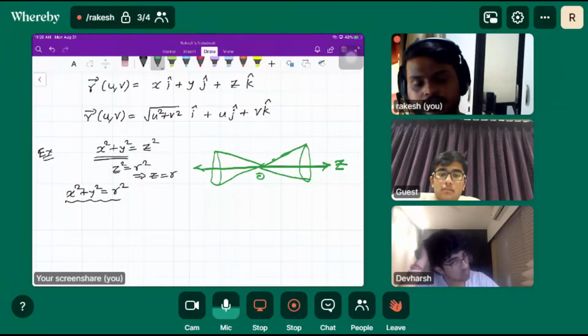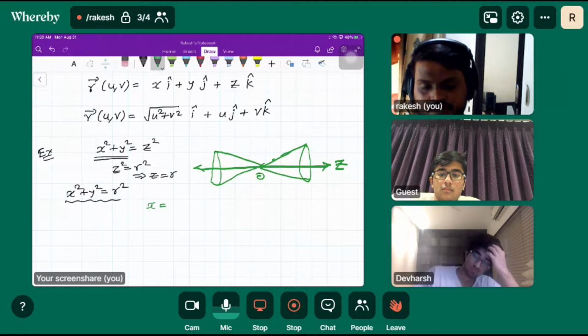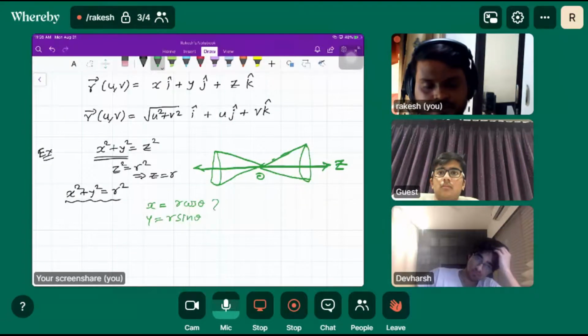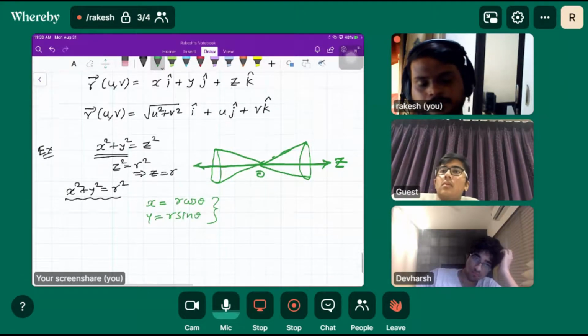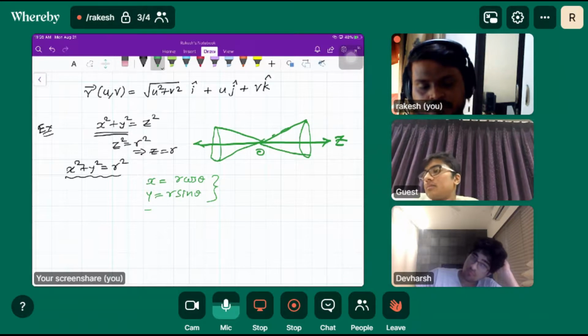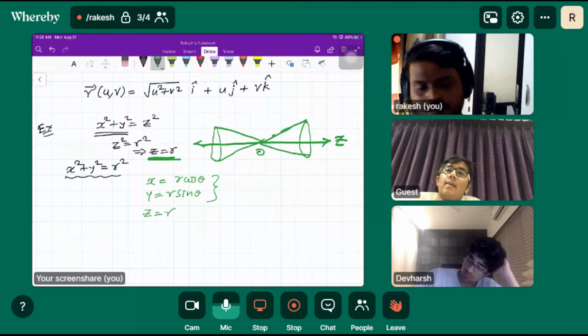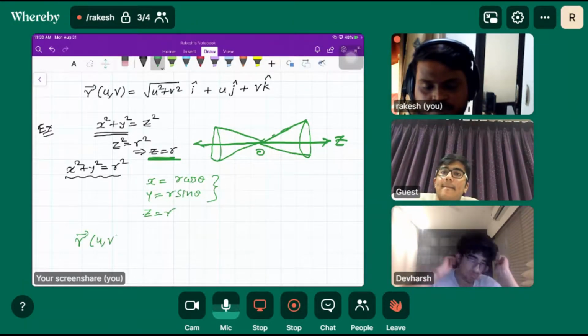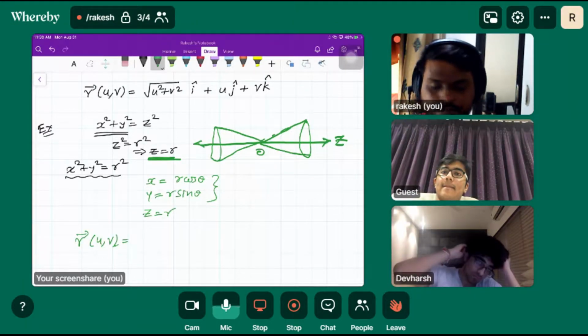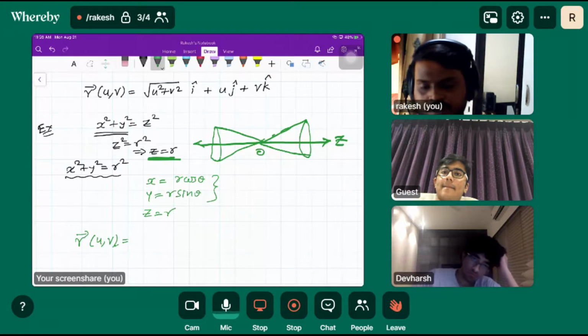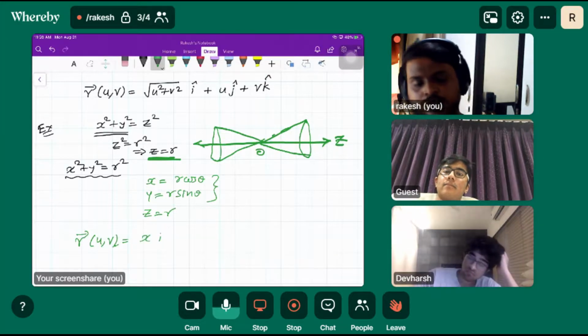So we know one thing for a circle, that x is equal to r cos theta and y is equal to r sin theta, and z is equal to r. So the parametric form of this pair of cones will be r(u, v), because the parameters are r and theta here.